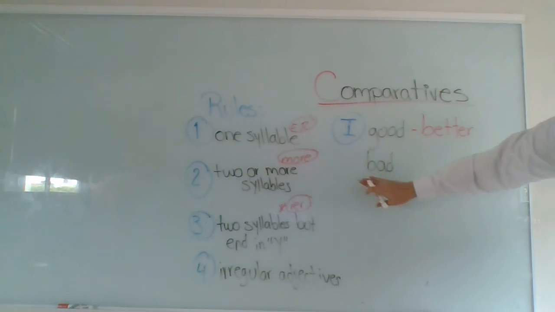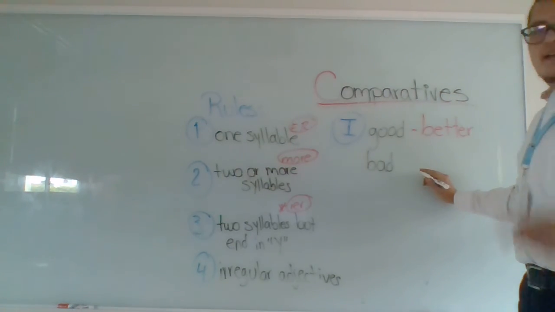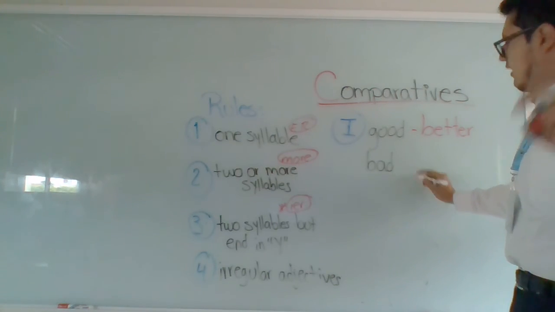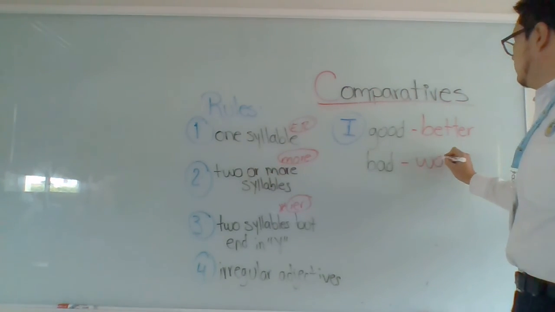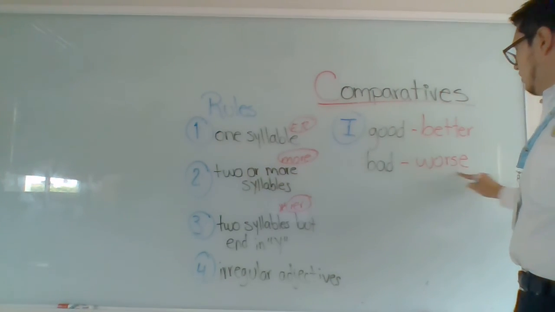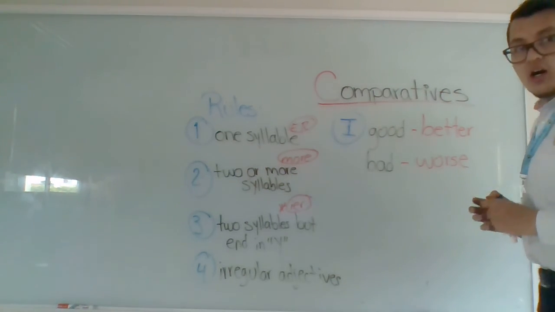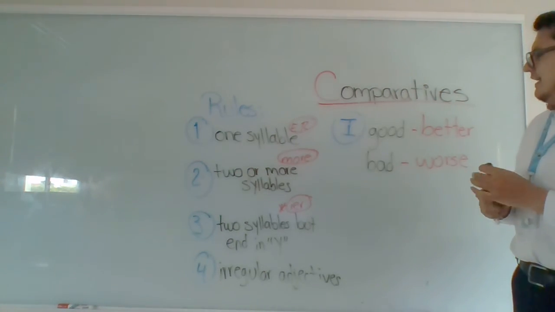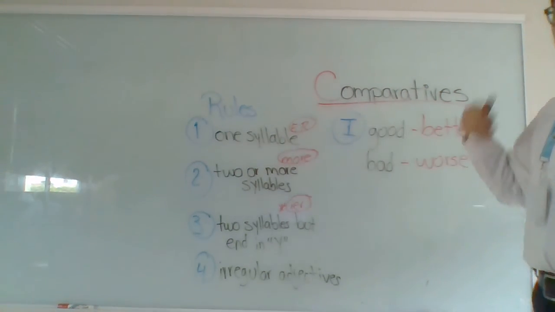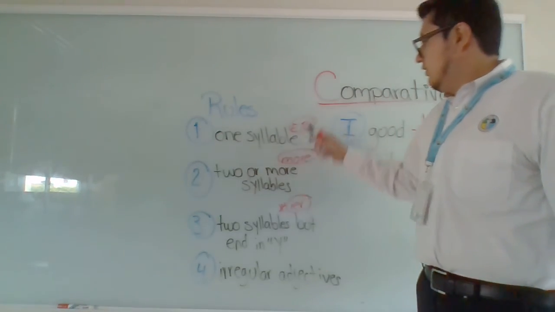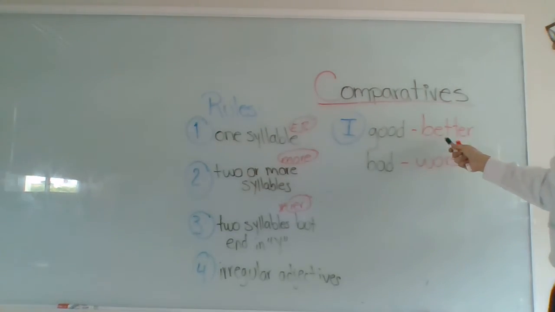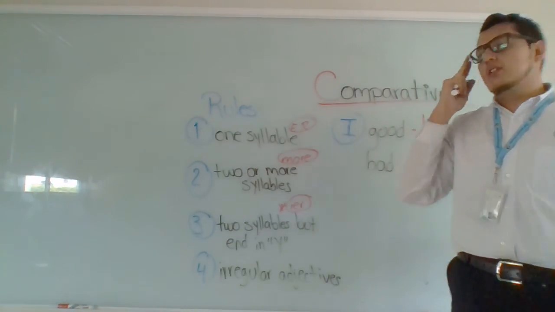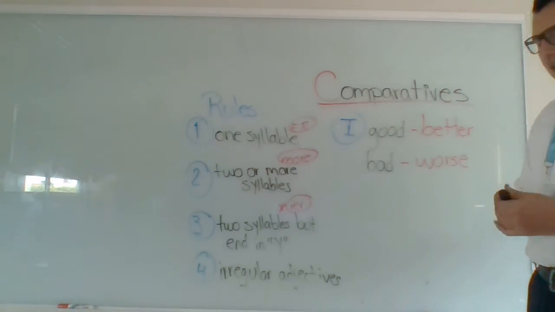Better. And for bad, is the same. Badder, no. More bad, no. For bad, we use worse. Worse. So, if you look, these adjectives, good and bad, and others that are irregular, don't follow the rules. They have a different word. We use a different word to compare with them.